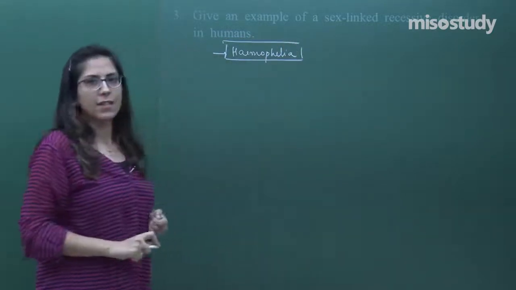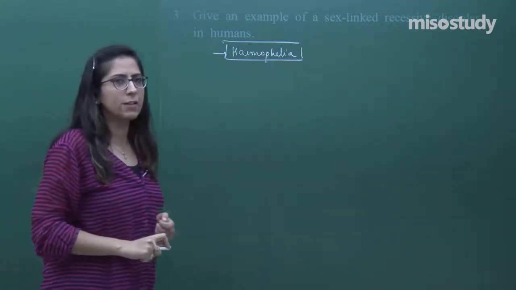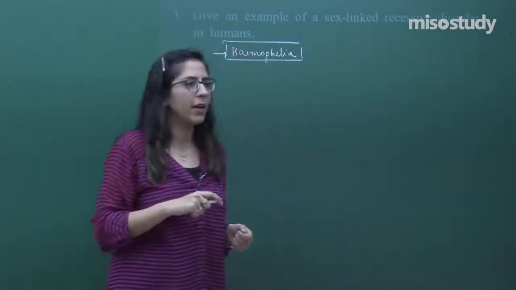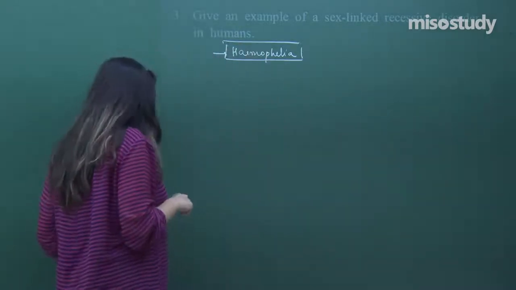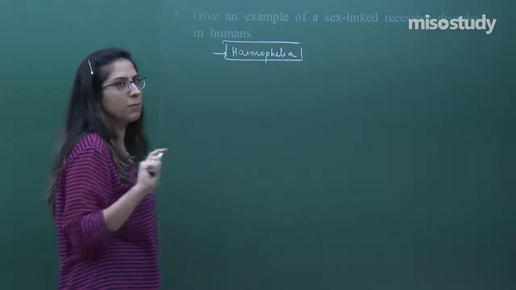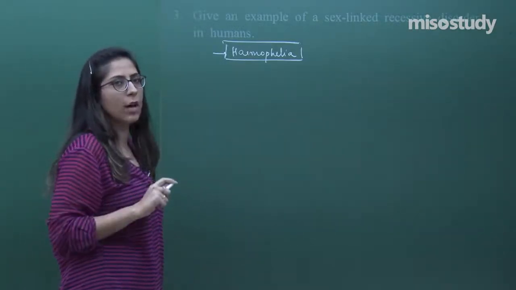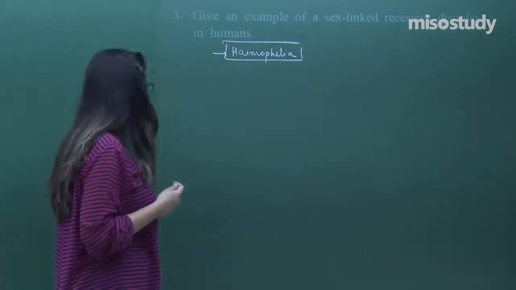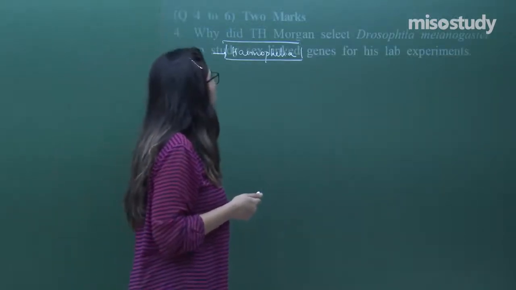So the correct answer is hemophilia. It is X-linked and it is a recessive disorder that you should keep in your mind, right? So this was question number 3, 1 mark. We have completed all the 1 mark questions, but you don't have to stop here. You have to practice much more. Now let's move towards the next.